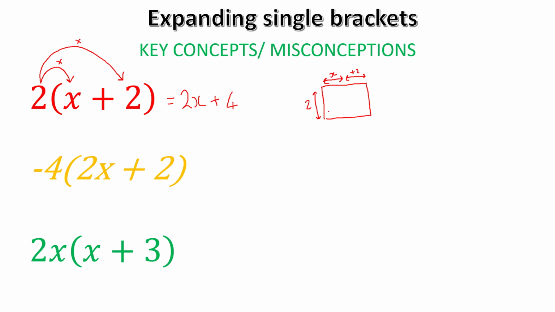So you're trying to find the area of the whole rectangle. So from here to here, you notice this rectangle will be 2 times x, that's 2x. And what's 2 times 2? It's 4. So the area of that rectangle is 2x plus 4, because you have to add up the 2 shapes. Hopefully that makes sense to you why this works.